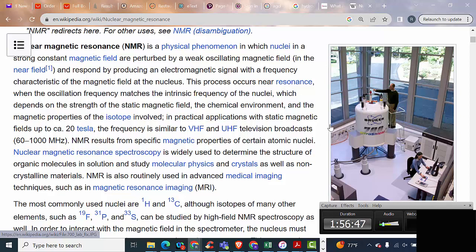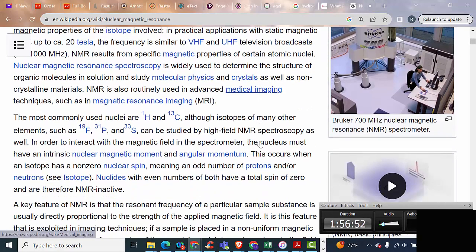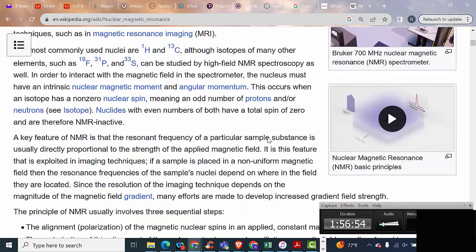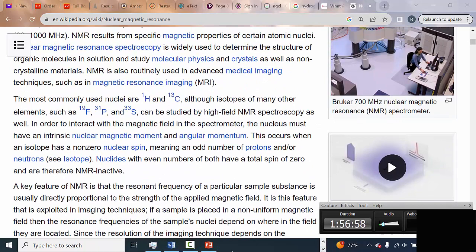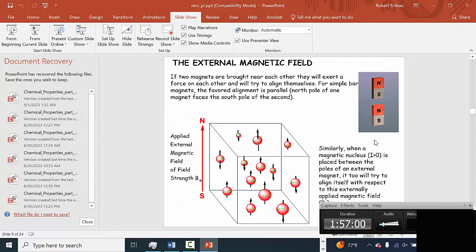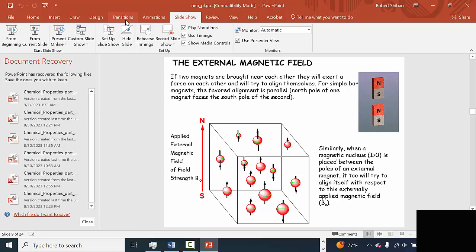Daily to fill with nitrogen, and probably weekly to fill with helium. So the bigger the magnet, the better signal we're going to get.